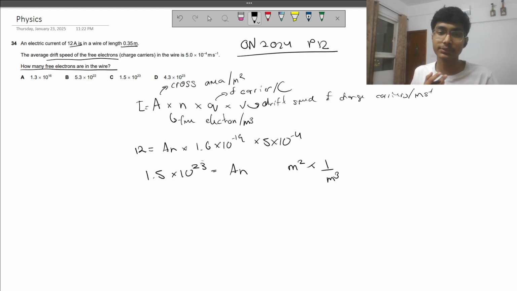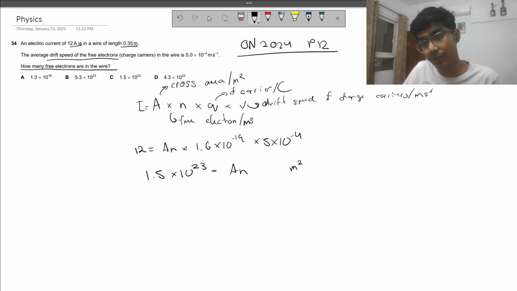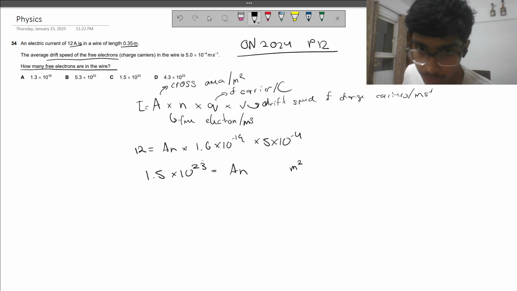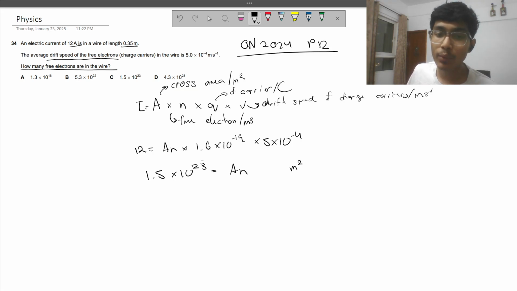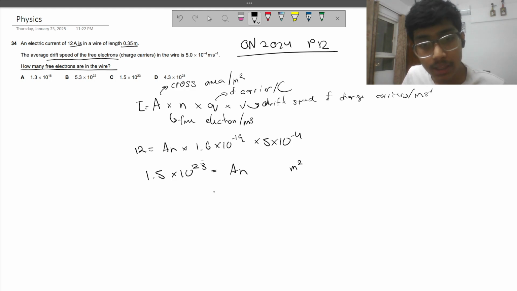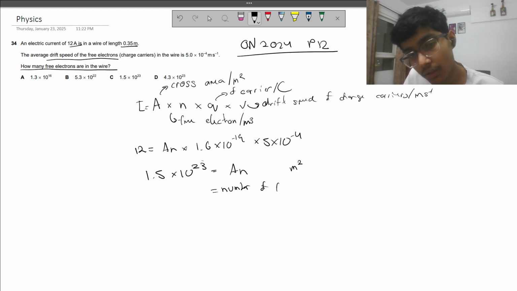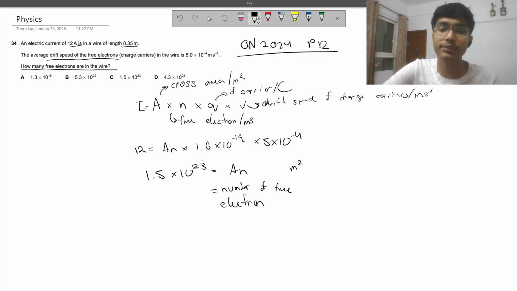Give me a second, I'll just quickly rewrite this over here. This is the cross-sectional area, this is meters squared, right? And then we have the volume per meter cubed, right? So when we times this, we're getting basically the number of free electrons per unit length, right?